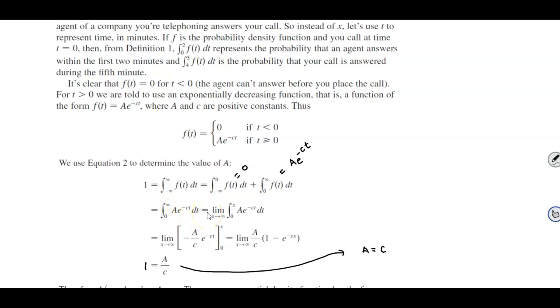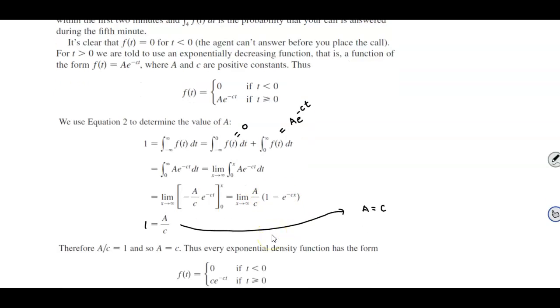So what we're going to do is take the limit as x approaches infinity of the integral from 0 to x of that function. Now we take the antiderivative and then plug in the lower and upper limits. So the limit as x approaches infinity of negative a over c times e to the negative ct, evaluated from 0 to x, equals the limit as x approaches infinity of a over c times 1 minus e to the negative cx.